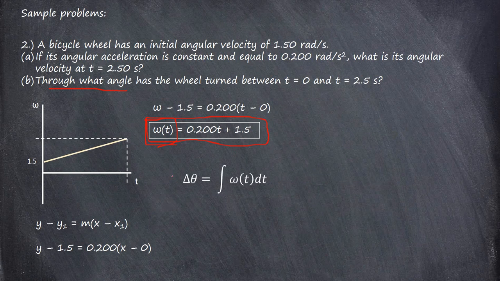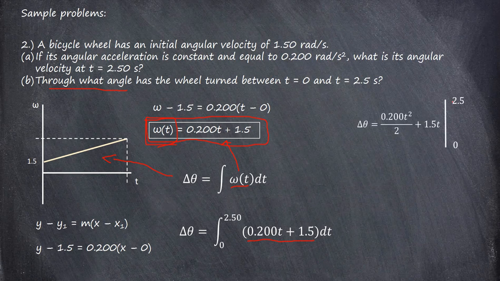And now we can use this formula, which is for calculating the delta theta of an omega versus time graph. It's just the integral of omega of t dt. Now, omega of t is this one, so we put that in and we evaluate from 0 to 2.5. I'm sure you know how to integrate this function. It's 0.2 t squared over 2 plus 1.5 t, evaluated from 0 to 2.5.